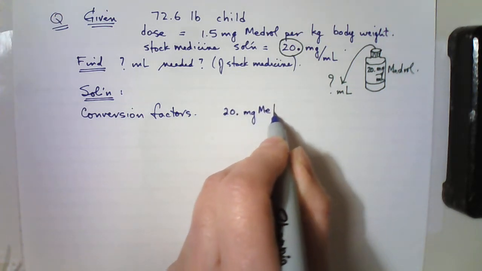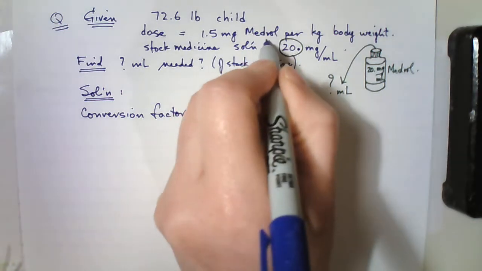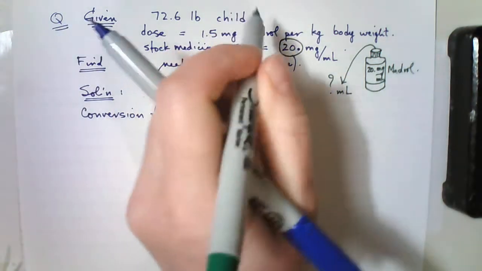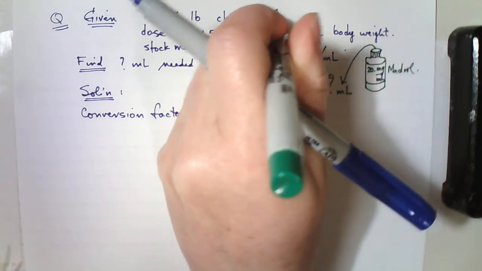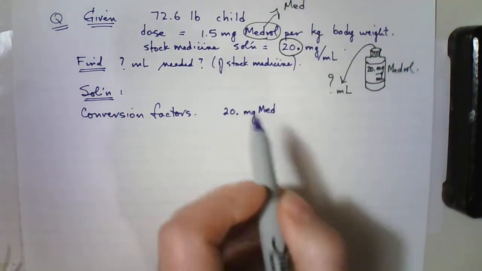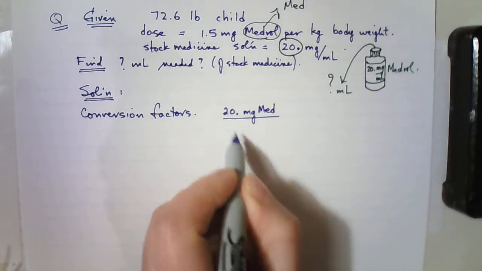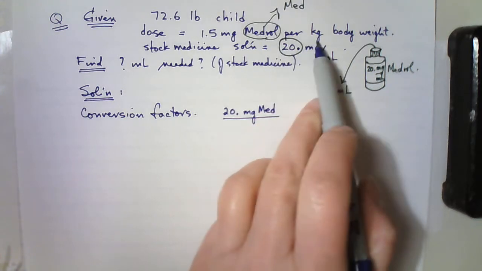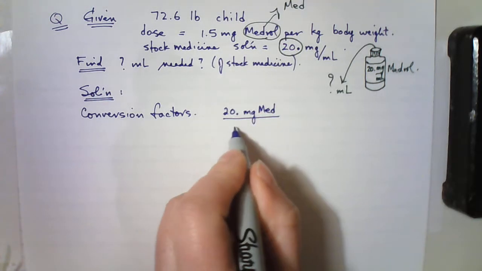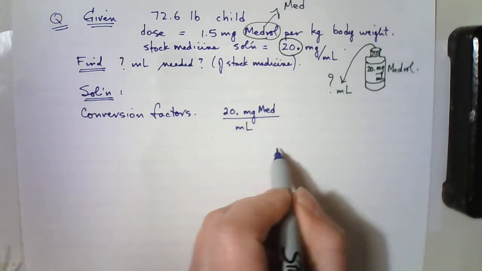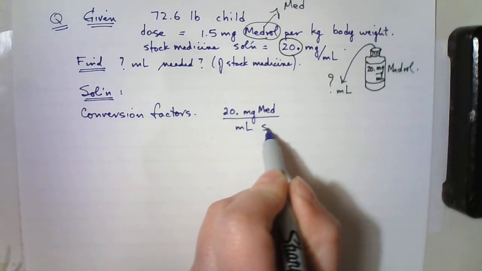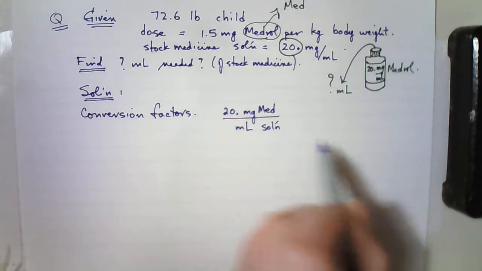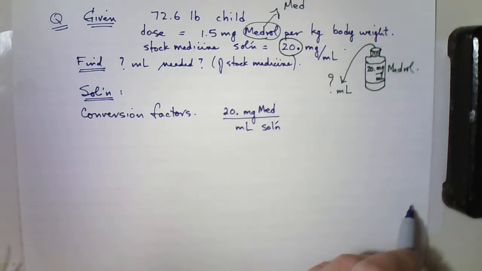I'm going to call this drug MED for short. So 20 milligrams of med in the medicine per every milliliter of solution. So I'm calling this medicine the solution.